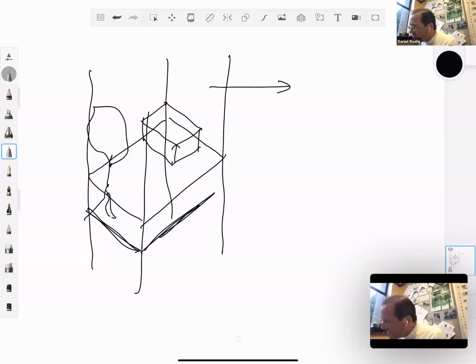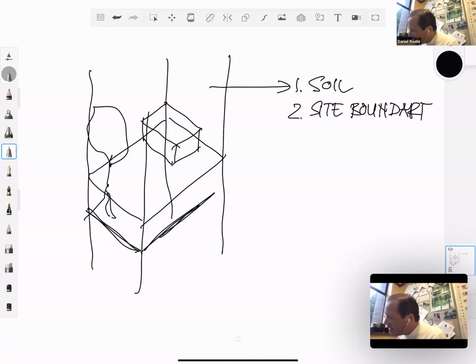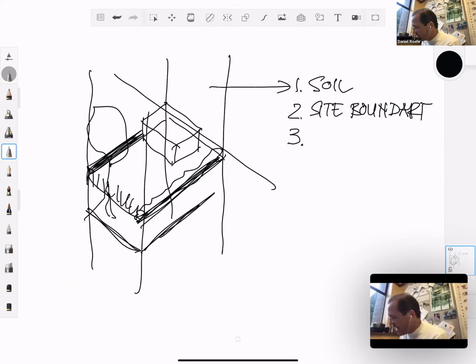If it was me as a landscape architect, the first one I would be thinking of is soil. Then I would think about site boundary, and I mean the legal site boundary. What are they like? Is there a fence? Is there a wall? Is there a hedge? What's the condition around the site? What's the access to the site?